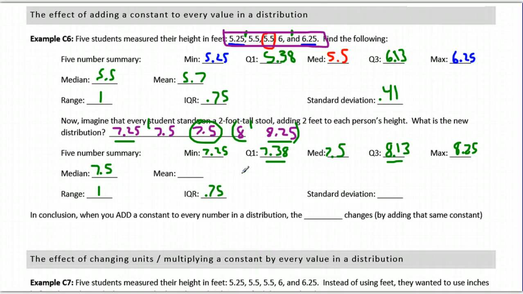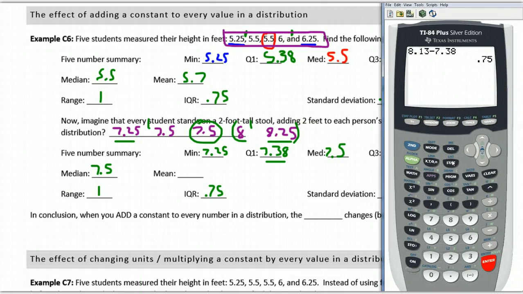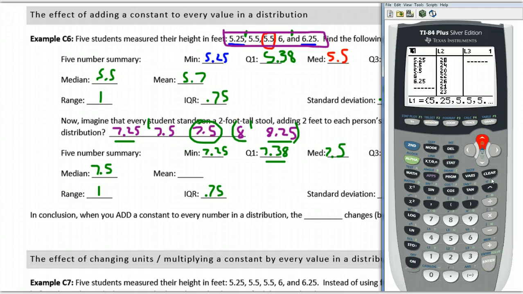The standard deviation and the mean are calculator ones again. So we're going to go back to our list in our calculator and enter our 5 new numbers: 7.25, 7.5, 7.5 again, 8, and 8.25. Again, every calculator is going to be a little bit different for this.